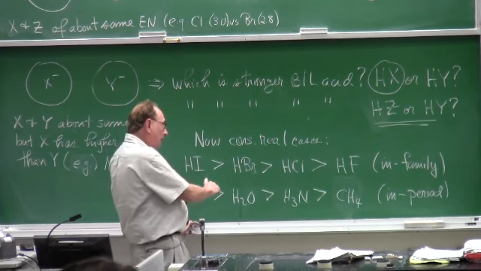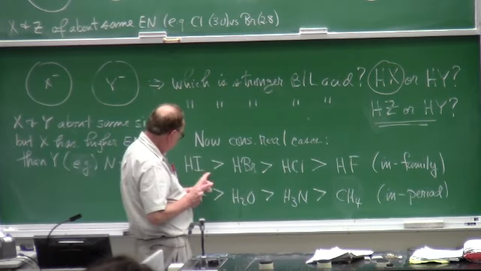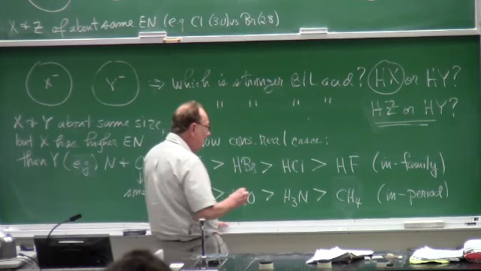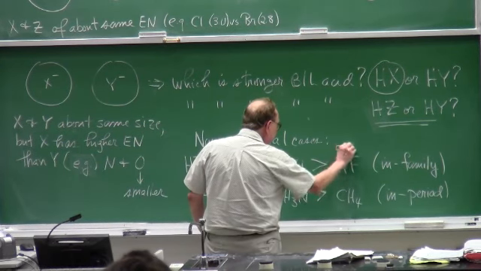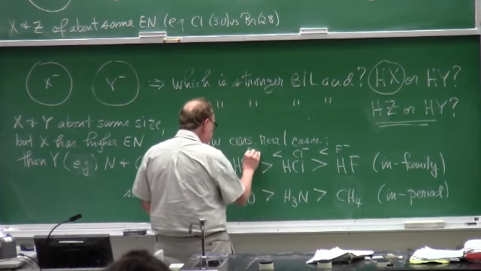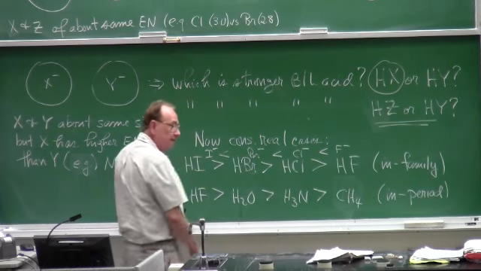Because when we know this is the relative strength of these halogen acids, then we know that F minus is a stronger base than Cl minus, which is a stronger base than Br minus, which is a stronger base than I minus.